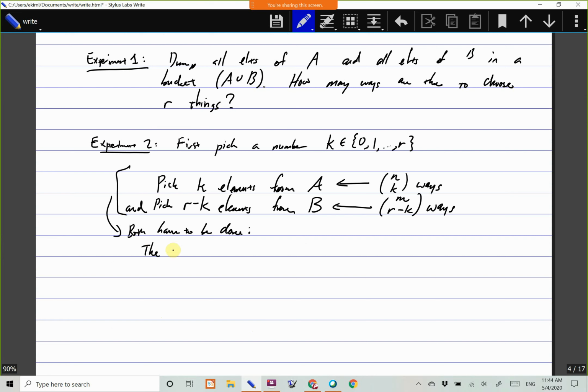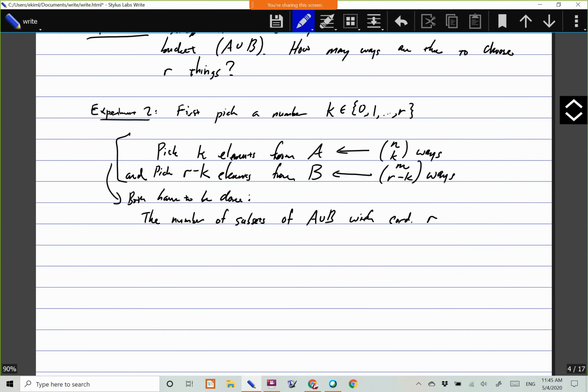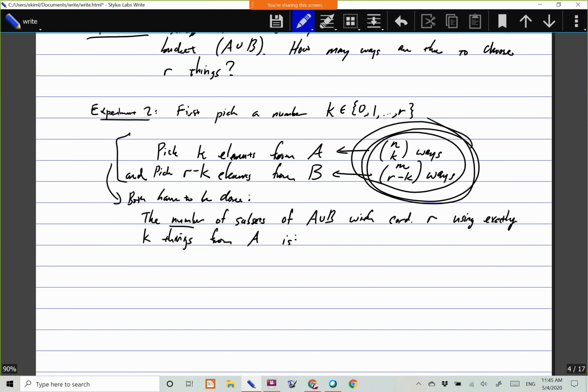The number of subsets of A union B with cardinality r, using exactly k things from A, is, since both of these things have to occur, we have to multiply those.